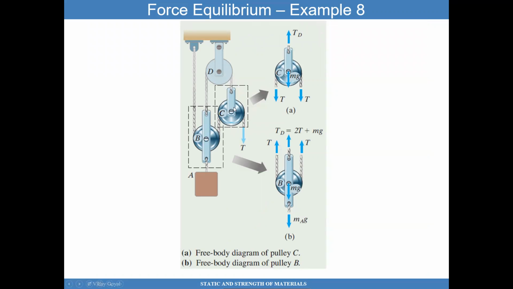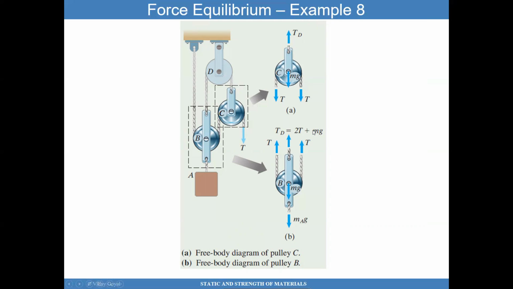The first step is to do a free body diagram of C, this pulley system C. There's a load applied on a cable that's acting on the pulley system. That's TD, I'll call it. Then this tension force T that's applied gets translated through the pulley system to the other side, and that should be equal in value. In this case, they're acting in the same direction. That makes sense. I can solve for TD.